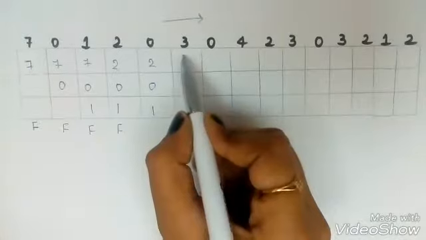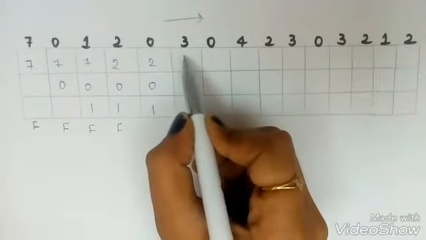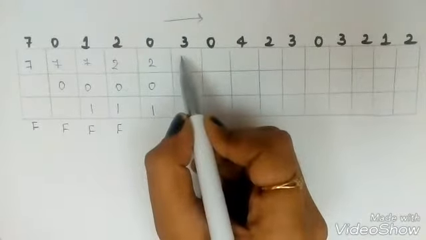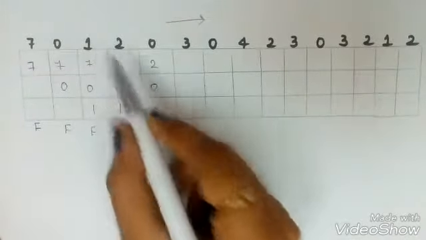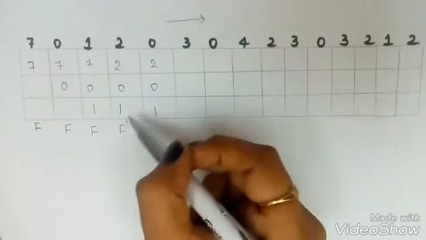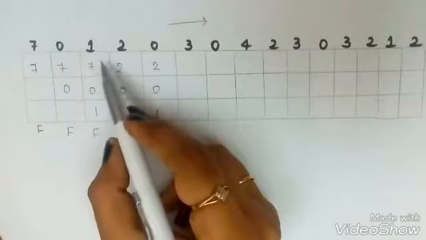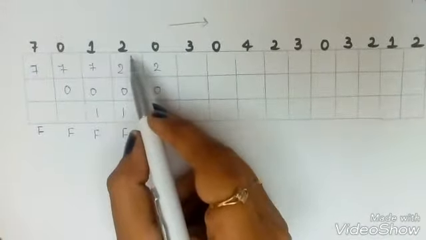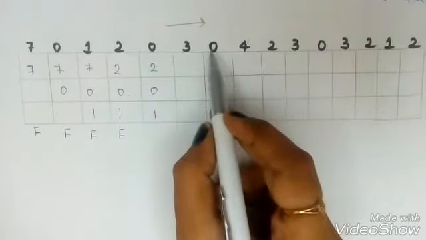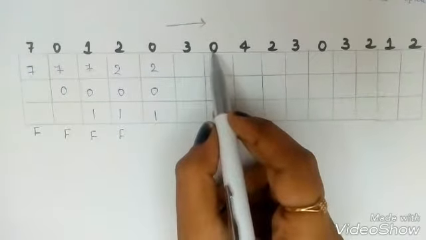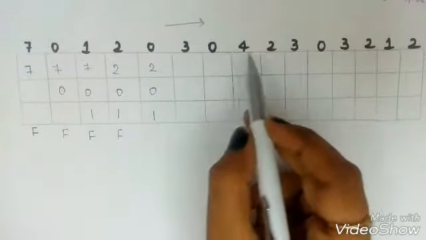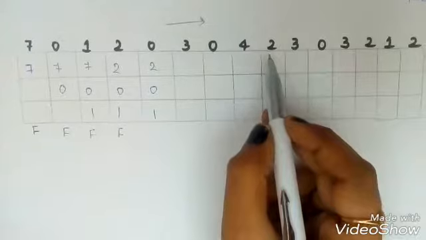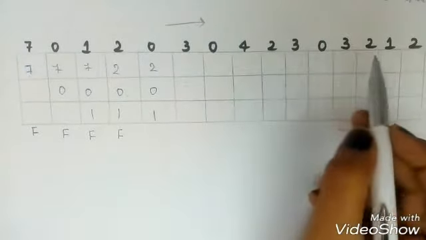Now 3 is the reference string that has to be entered into the main memory. Now check the before 3 reference strings because we have used only 3 frames here. Now the before reference strings are 1, 2 and 0, and 0 is followed by 3, so there is no need to replace 0, and we have to check for 2, that is here, and later we have to check for 1.